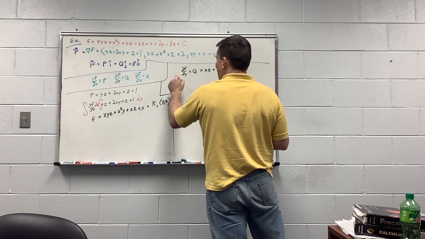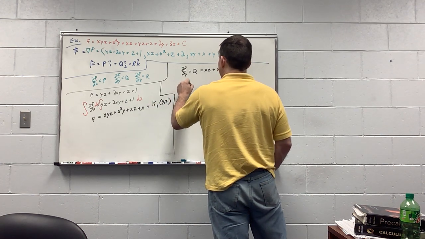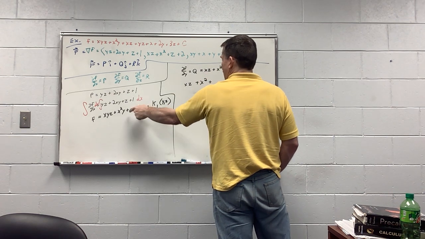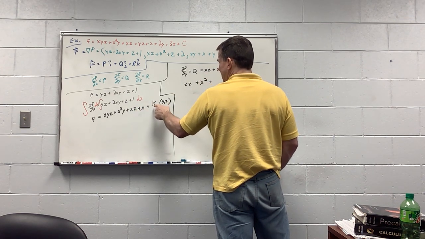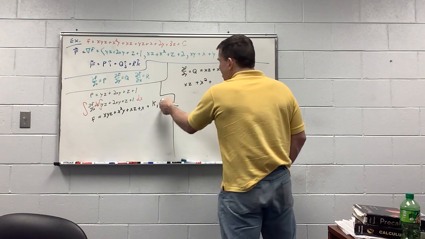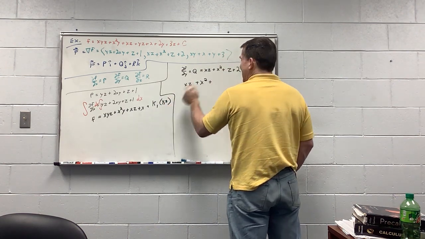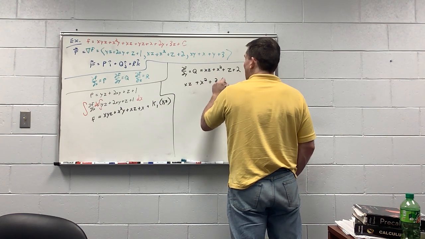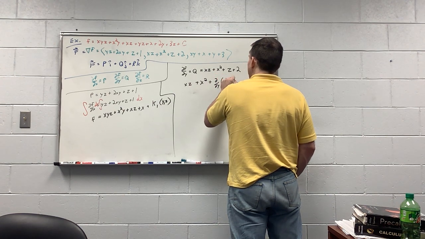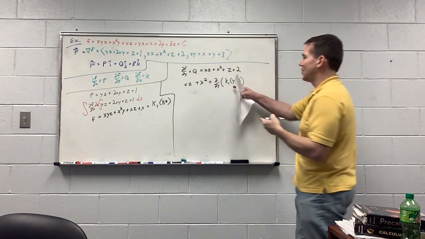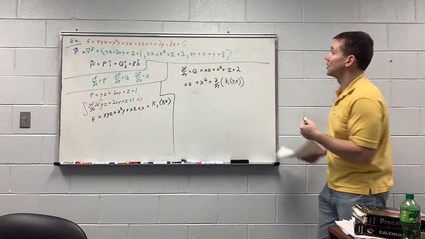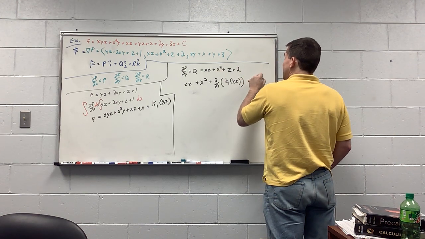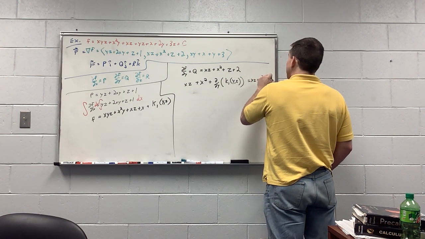So the partial of f with respect to y is equal to xz plus x squared. With respect to y, that's 0, that's 0. I don't know what this is, but I know there could be a y in there. So the best I can say is the partial with respect to y of k sub 1 of y, z, because I have no idea what the partial will actually look like. But this has to equal xz plus x squared plus z plus 2.